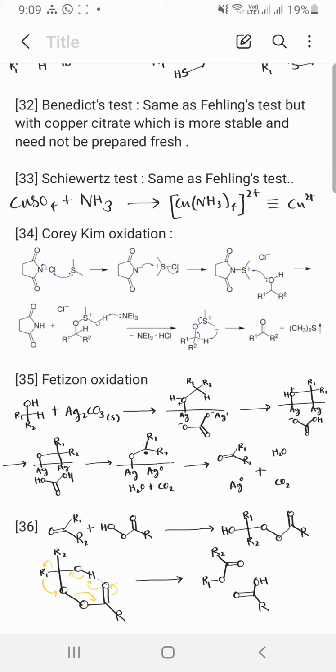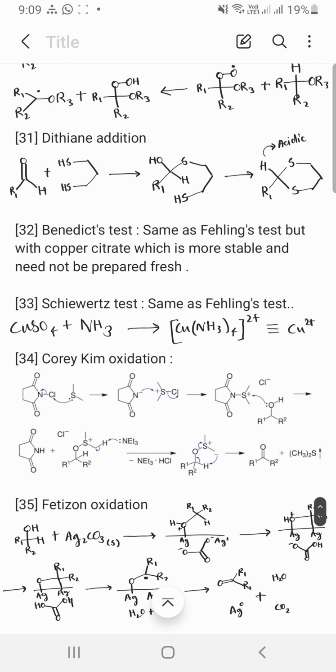Okay, fine. And then some good base will come in and then take this out. Okay, that's complicated. So it's something like an elimination. Fine.